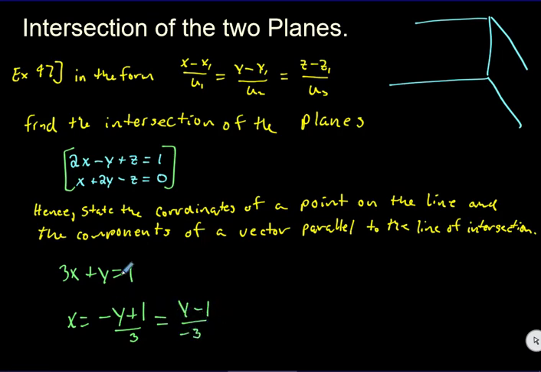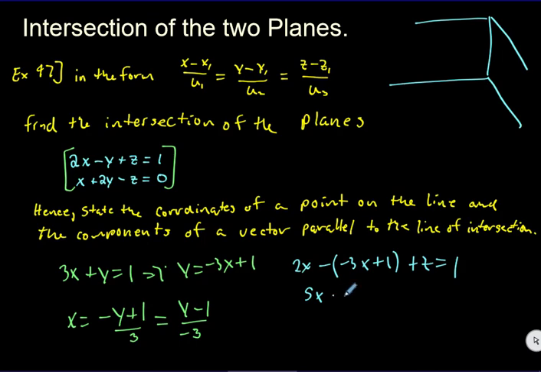Now you could try to eliminate again, but I kind of like being able to just substitute in. I can easily change this equation to y = -3x + 1, and then I can plug y into that top equation up there. So that's 2x minus (-3x + 1) plus z is equal to 1, and then I'm going to have 5x - 1 + z = 1.